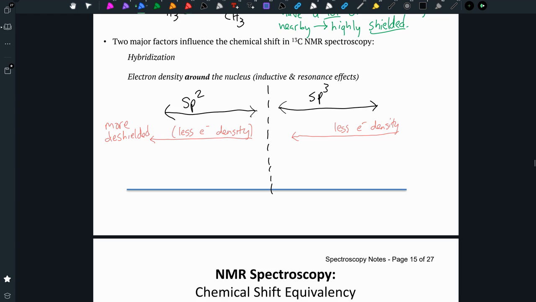Anything that pushes electron density toward a nucleus is going to make it more shielded. So hybridization kind of splits our picture down the middle, and then we think about the electron density nearby. Those are the two factors that are going to affect how things show up on a spectrum.